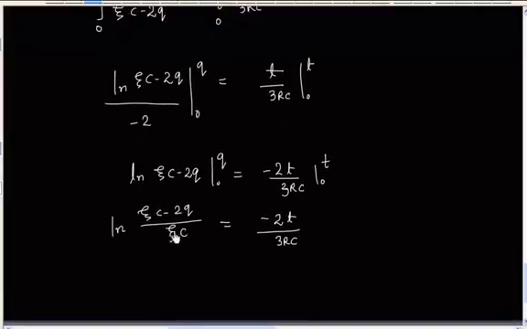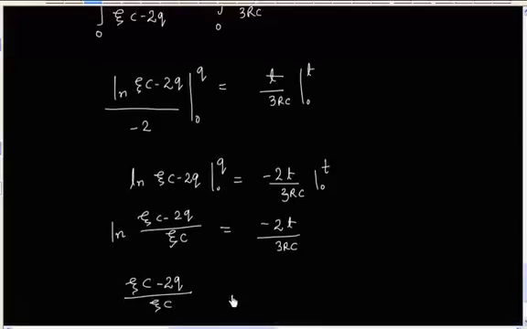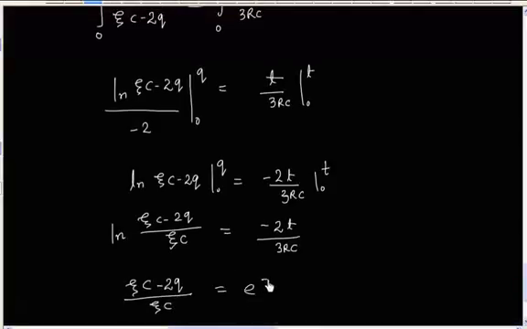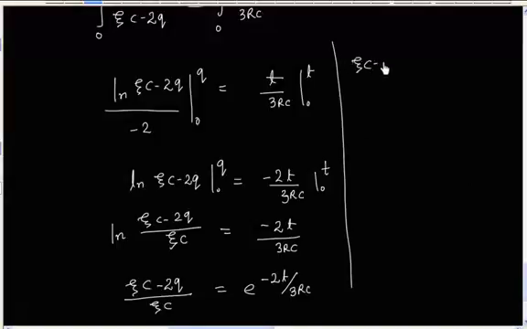So now we can calculate q from here, that is Xi C minus 2q by Xi C is equal to e to the power minus 2t by 3RC. So from here we can calculate Xi C minus 2q, which is equal to Xi C into e to the power minus 2t by 3RC.